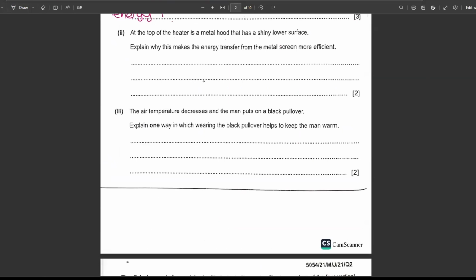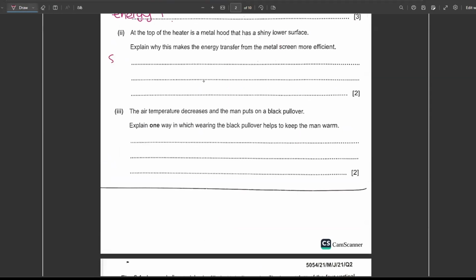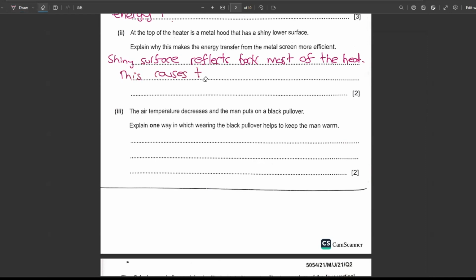You will say the shiny surface reflects back most of the heat. This causes a reduction in the loss of heat.